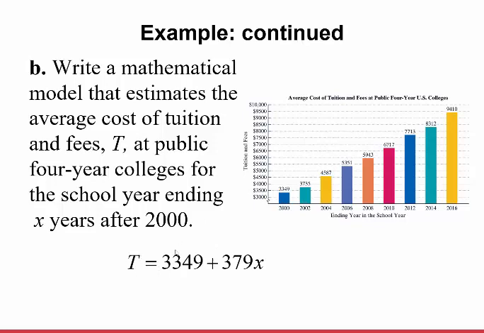The total cost is equal to your starting value, $3,349, and then you add to it. Remember, it's going up on average $379 each year. So 379 times the number of years, which is X. This equation models how much the tuition has gone up.